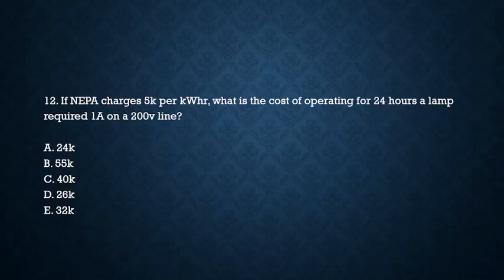Question number 12. If NEPA charges 5 kobo, not 5,000, sorry, 5 kobo per kilowatt hour, what is the cost of operating for 24 hours a lamp that requires 1 amp on a 200-volt line?